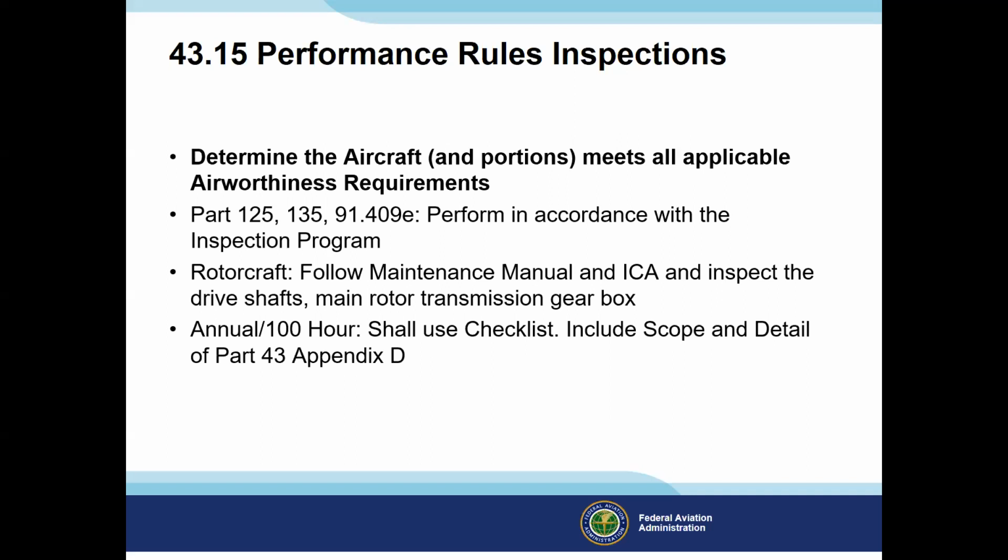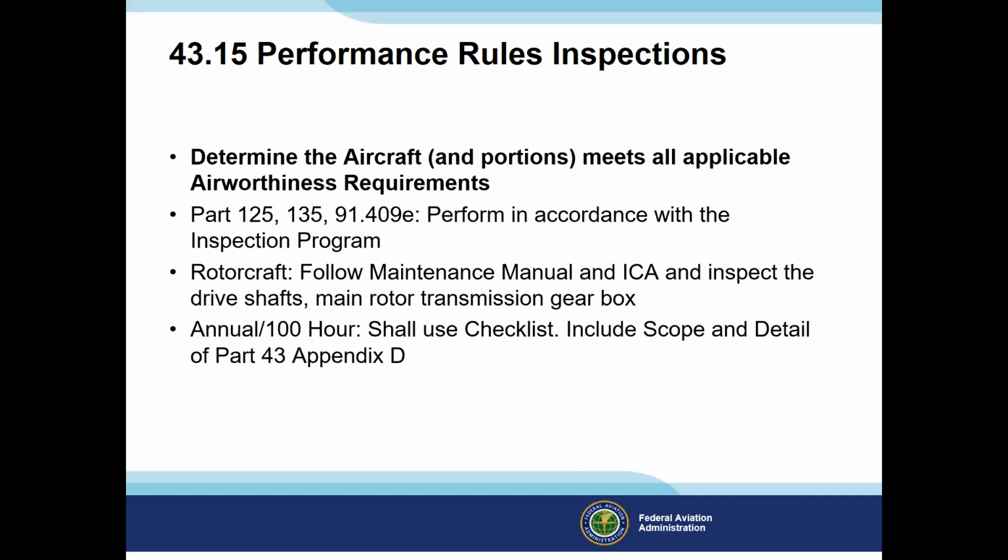This means the aircraft conforms to its type design and is in a condition for safe operation. Appendix D does not specify looking for required equipment and placards, but it's still required. And on that note, when you do an annual inspection, normally it says the aircraft has been inspected, which includes the rest of the aircraft.